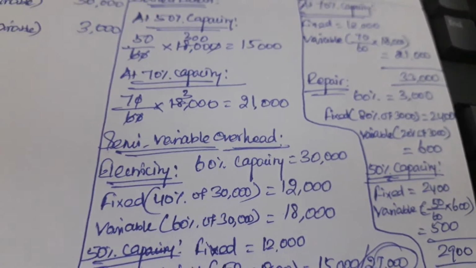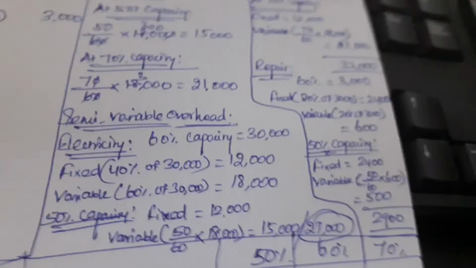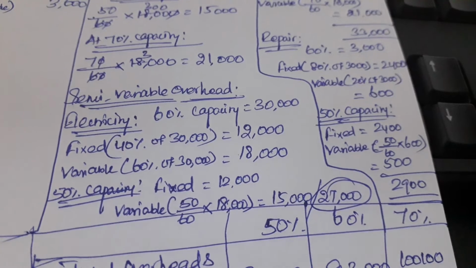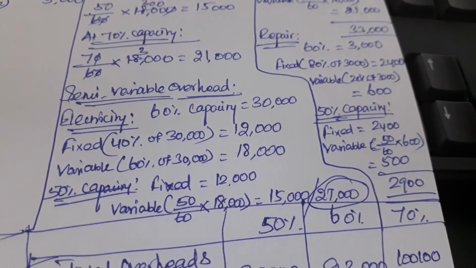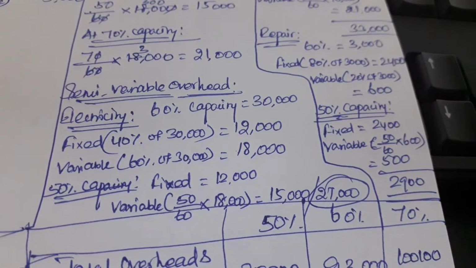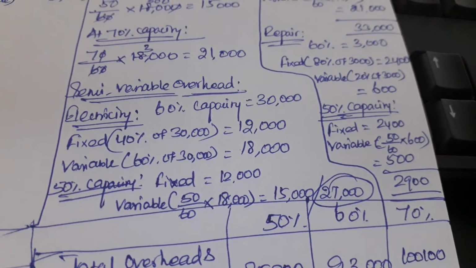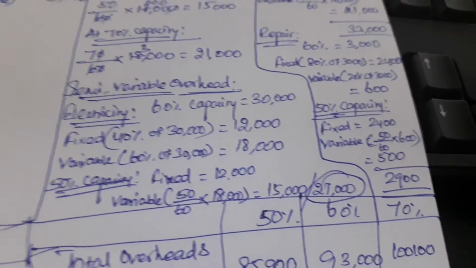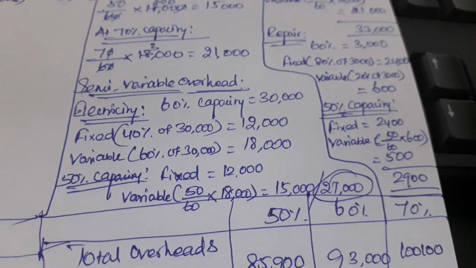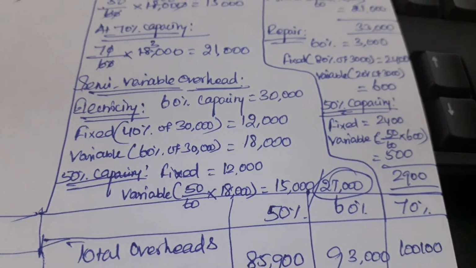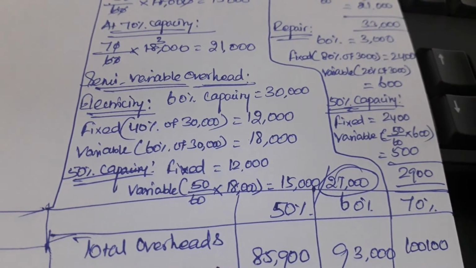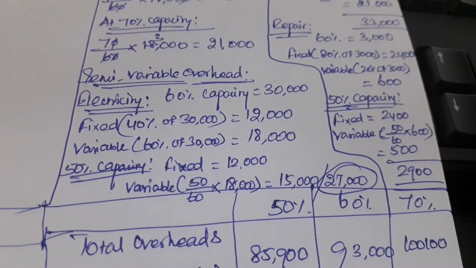Next, the semi-variable overhead, under which is electricity. At 60% capacity it is 30,000. But the electricity is 40% fixed overheads and 60% variable overheads, as given in the problem.